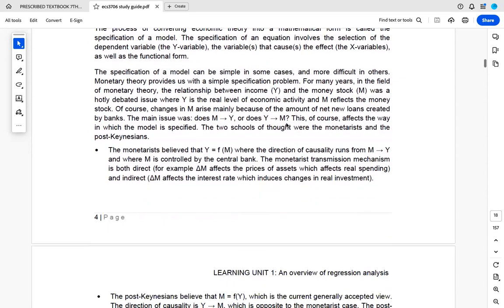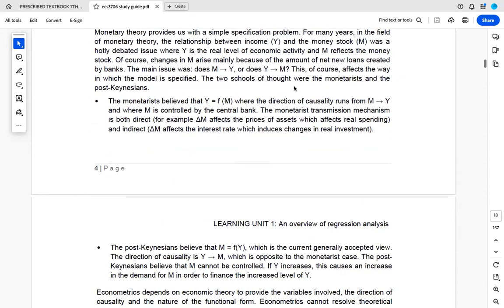And the study guide then looks at an example where in economics we have two theories or two schools of thought, where one school of thought was the monetarist school of thought, or the monetarist theory, which believed that Y, in this case Y being income, is dependent on the amount of money.